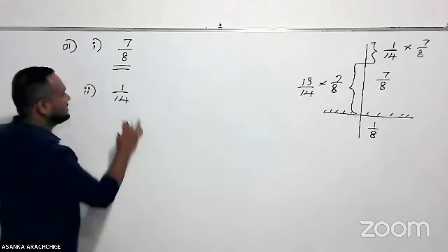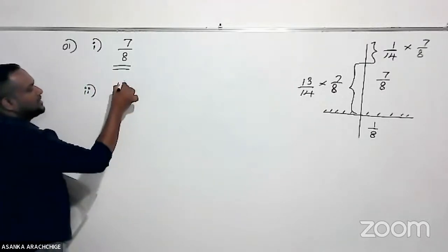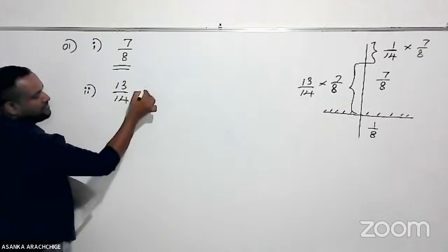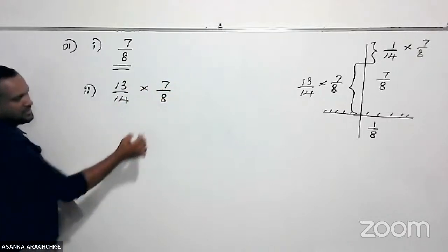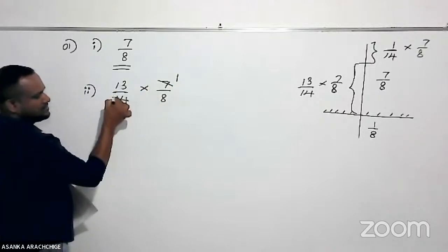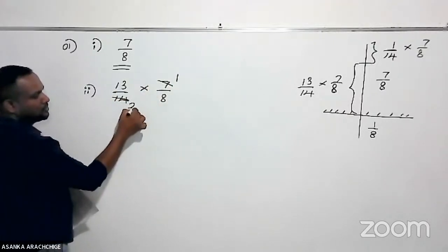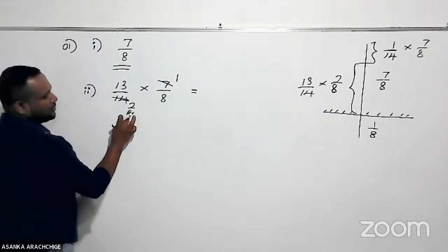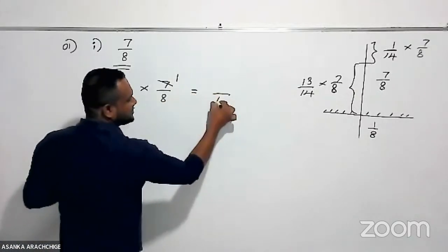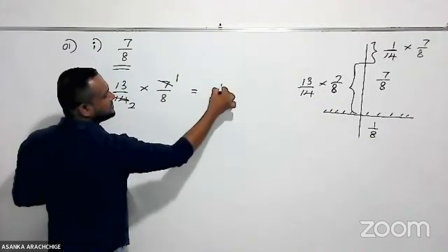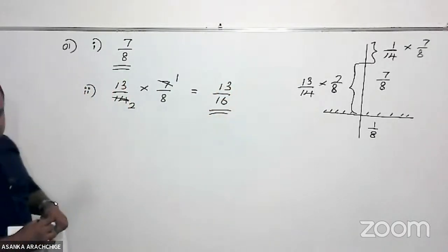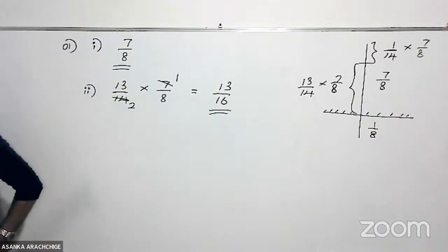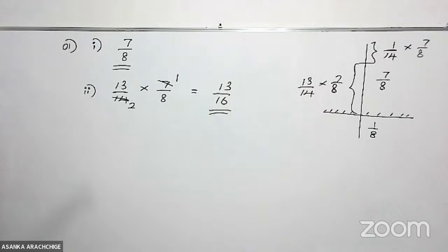Therefore, the answer: 13/14 of means multiplication, 7/8. 7 times 1, 7. 2 times 8, 16. 13 times 1, 13. Answer 13/16.